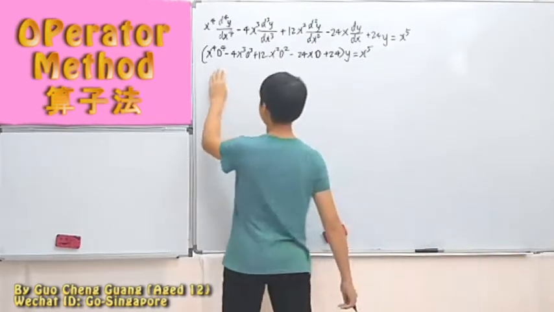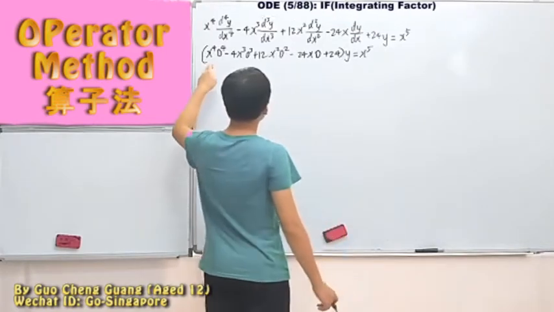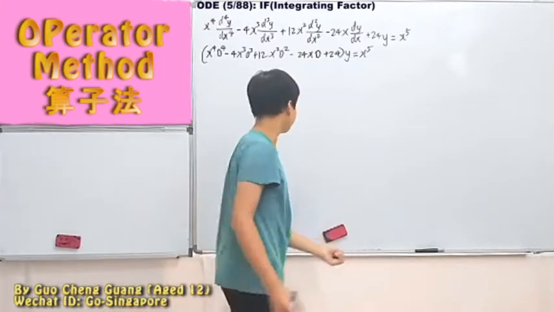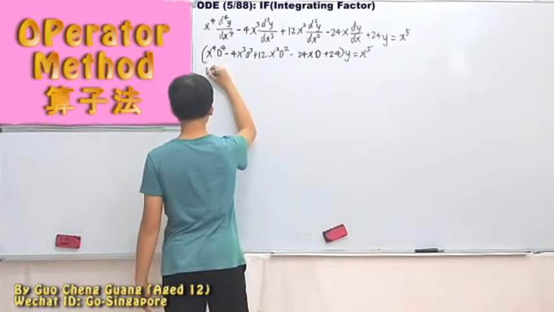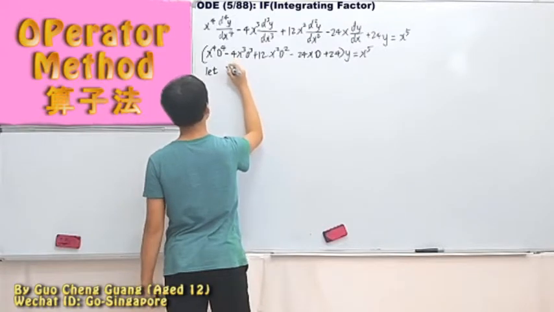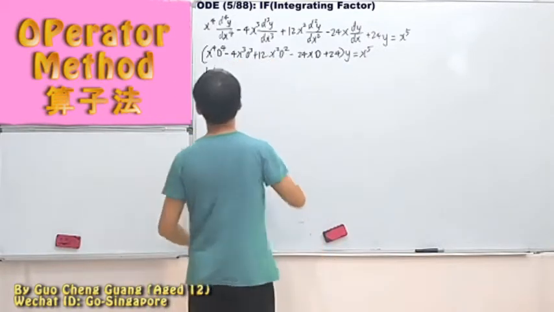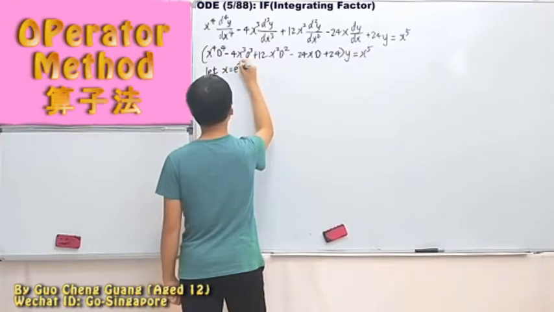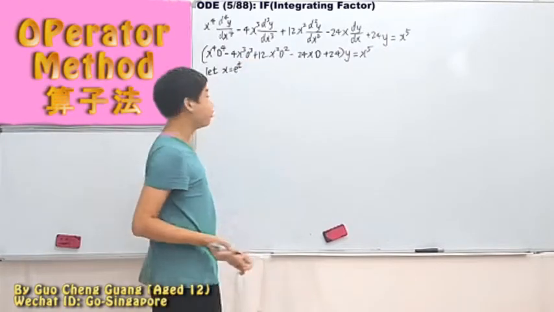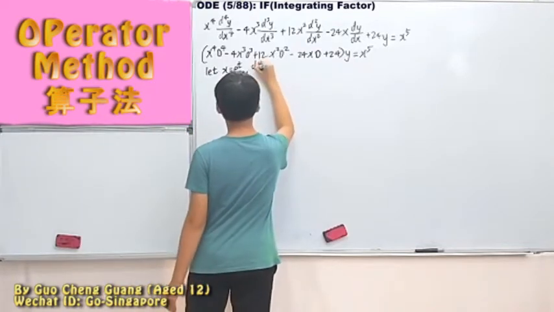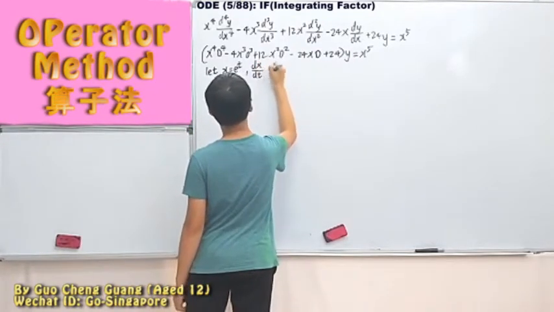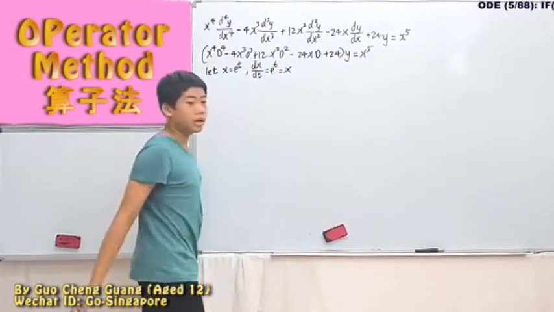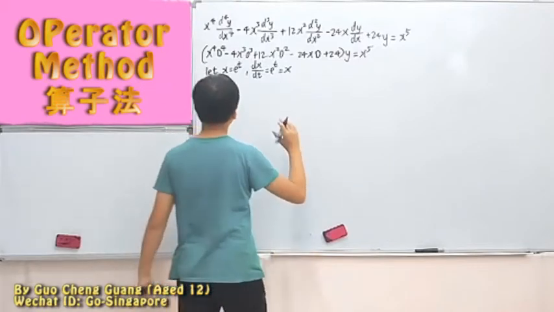Then the next step, we want to let this x become something that even when it differentiates, it's still itself. Of course, for that kind, x will have to be e to the power of t. So even when it differentiates, it is still e to the power of t, which means it is still x. So that's what we want here. Okay, we have what we want.